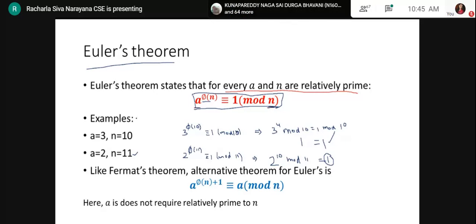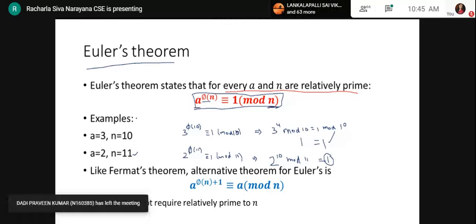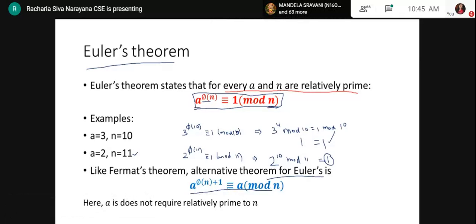Same as Fermat's little theorem, Euler's also has an alternative theorem: a power phi of n plus 1 congruent a mod n. Previously in Fermat's little theorem, a power p plus 1 congruent a mod n.